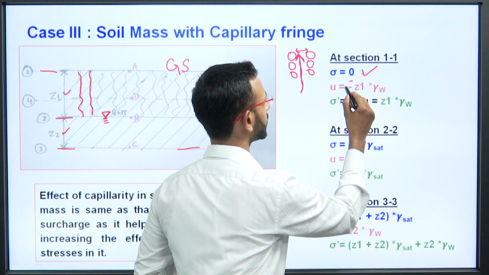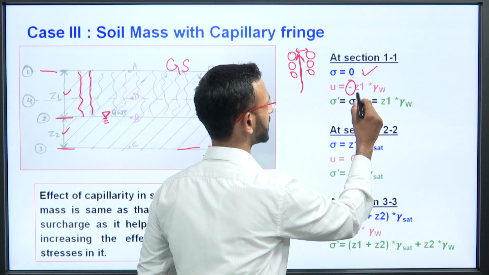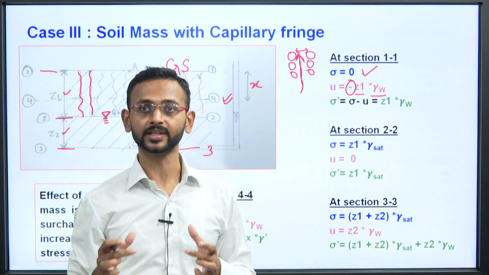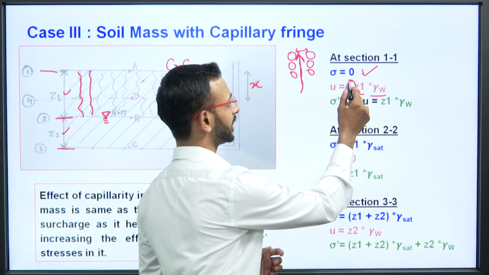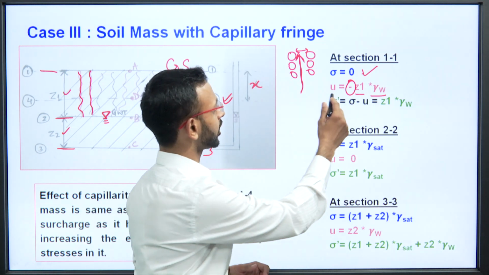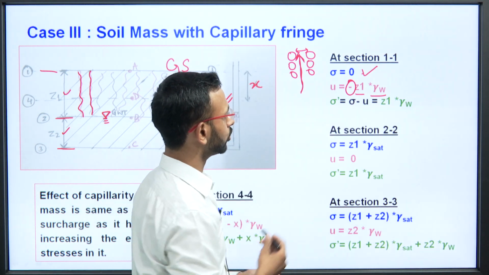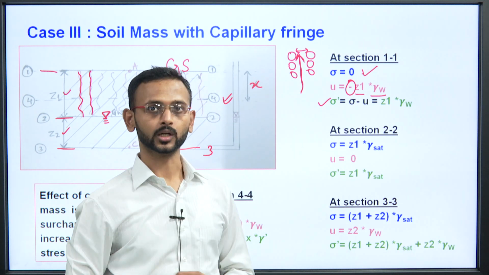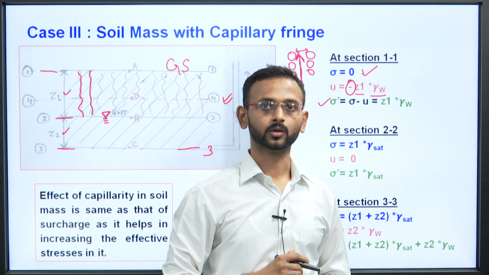So, we count it as the negative tension, that is Z1 into gamma W. So, because the capillary water is in tension, so it will be having a negative sign because it is not going by itself. So, the pore water pressure will be Z1 into gamma W. When we talk about this sigma dash, that is Z1 into gamma W when we subtract this portion.